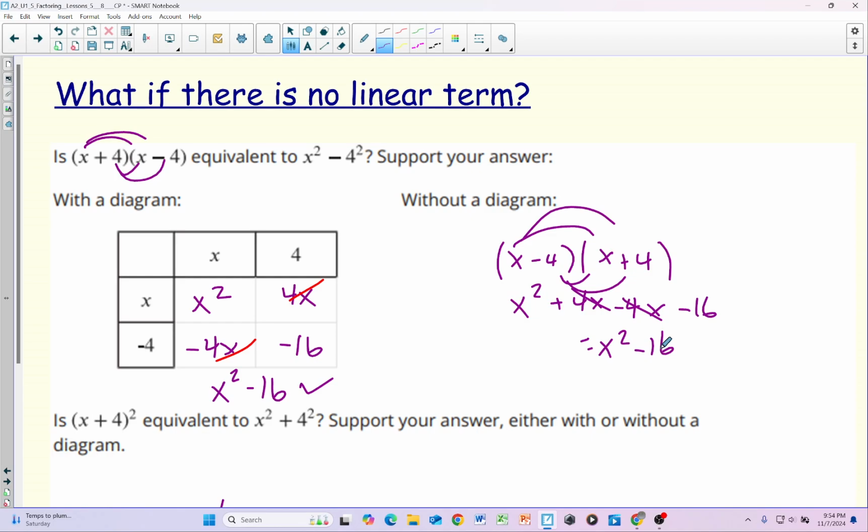All good, right? So when you have one factor that's positive and one that's negative of the same number, they're going to cancel each other out, and you're going to end up with just an expression with two terms. Well, that's wonderful, but does that work in other cases? So let's look at x plus 4 quantity squared.